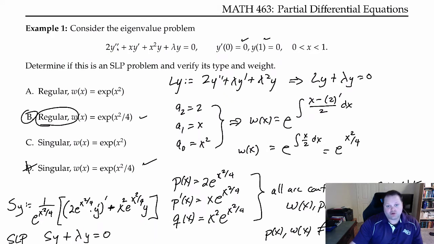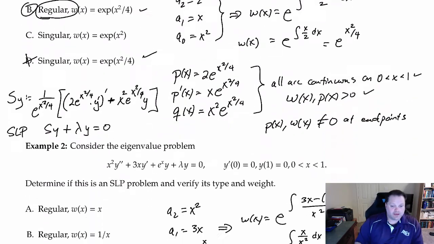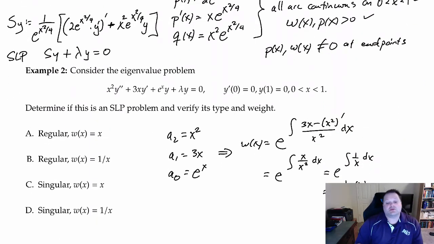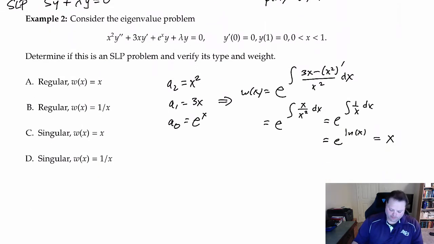But this nicer form doesn't allow us to check things like regularity or singularity, and it doesn't allow us to know what W is. And it turns out for what we're about to do, W is very important. So getting it into these SLP forms is sort of a mandatory thing. I can't just not do that because it looks uglier than the equation we were given. It's important that we know this form.